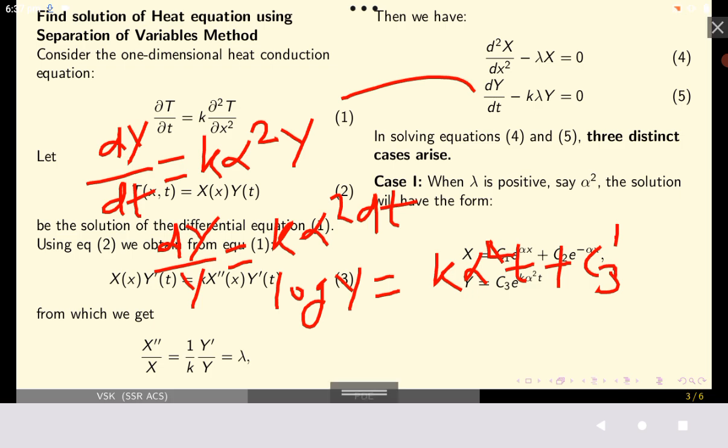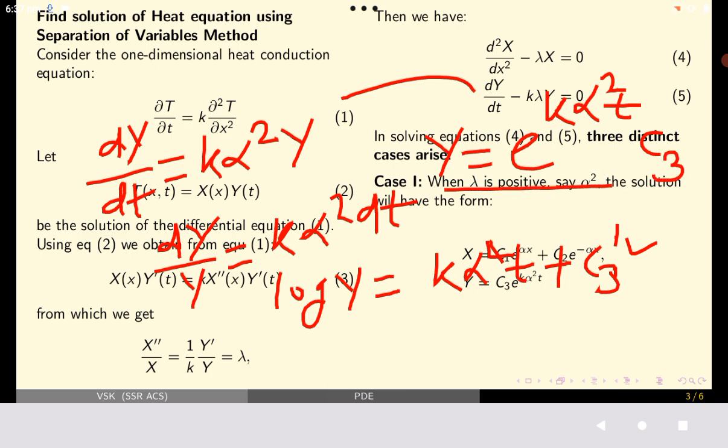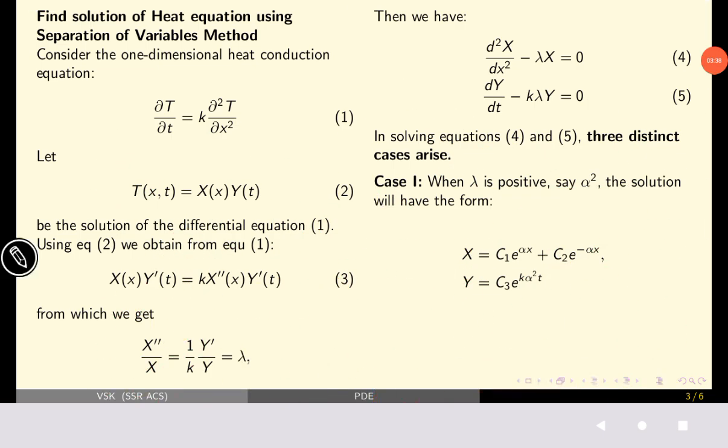Taking the exponential of both sides, we get y equal to e to the power k alpha square t, and because of this it becomes a constant, so we say it is constant c3. So this expression is written over here, and we get the values of X and Y in this case.